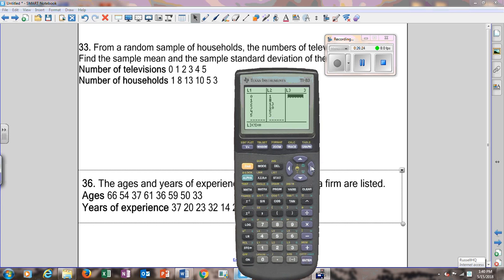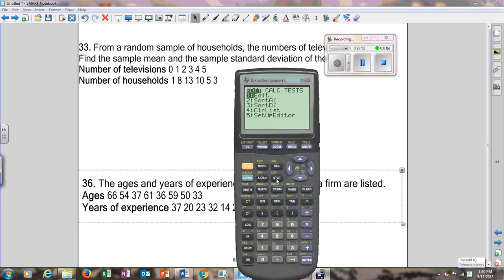For L3, I go up to L3 and I do L1 times L2 and now I do Stat, Calc, One-Var Stats. Hold on, that wasn't right.